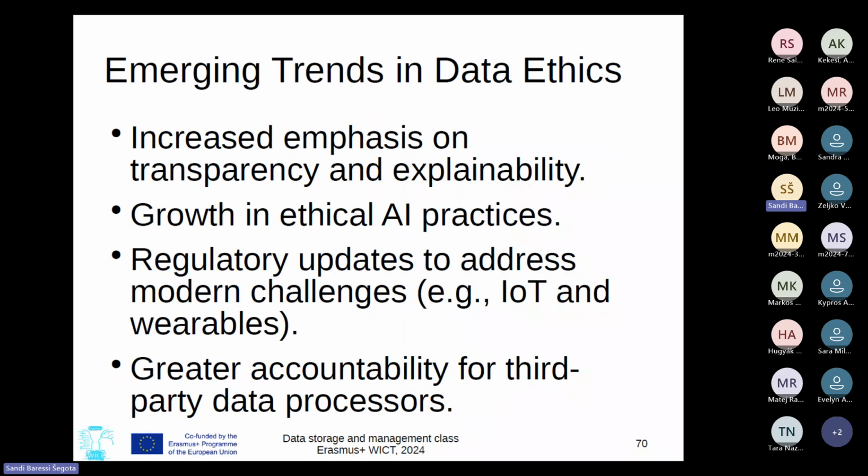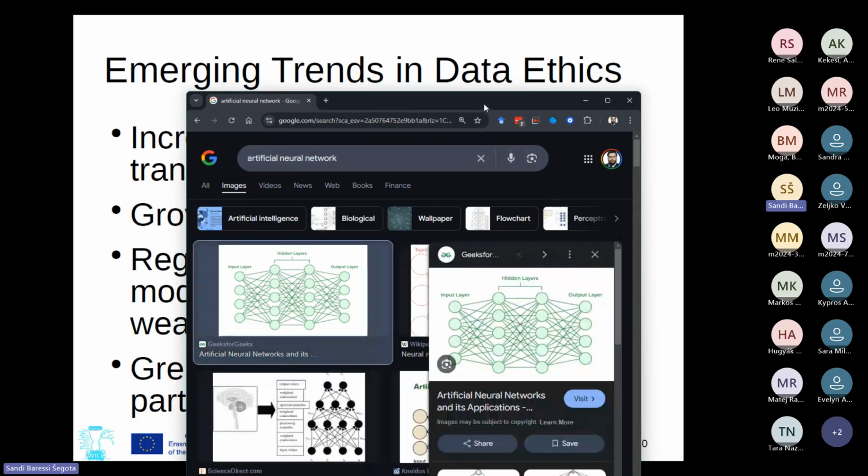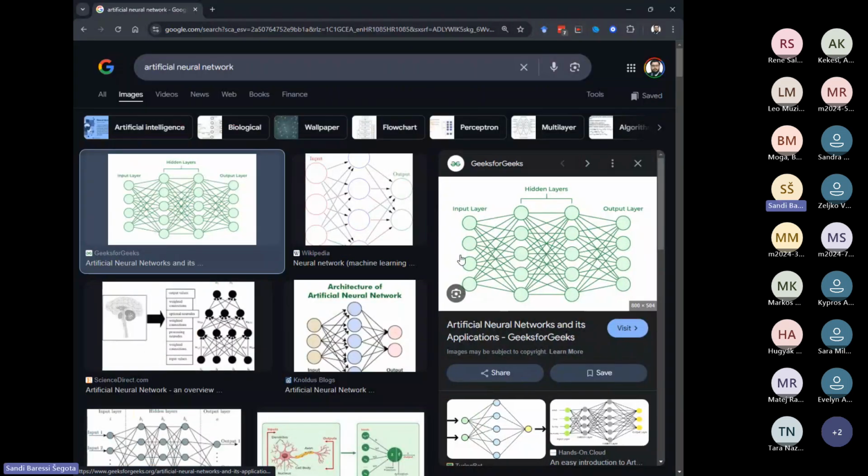In something like an artificial neural network, something like this, it's much harder to figure out how this input influences this output, right? How is it connected? How are the values? What's going on here? It's complex, and this is a very small neural network.